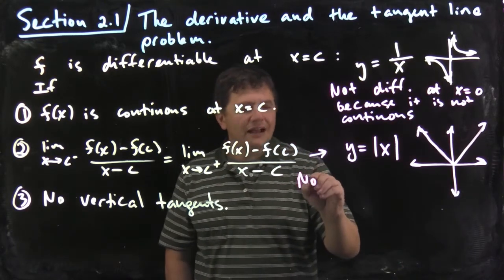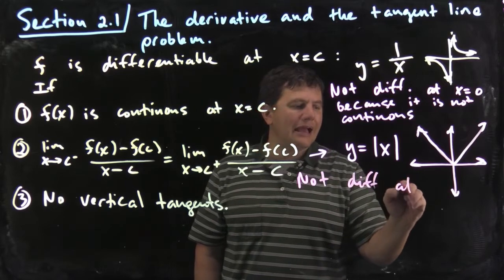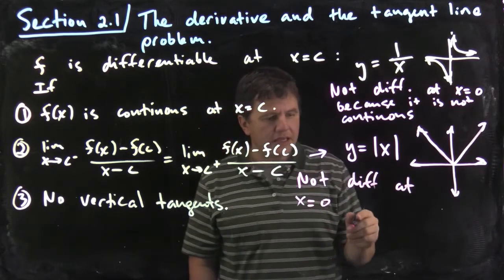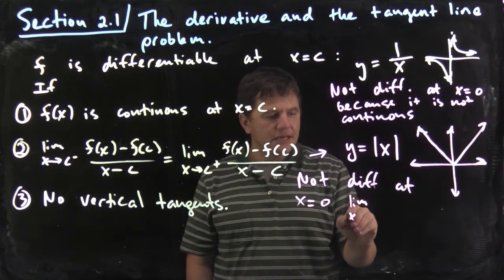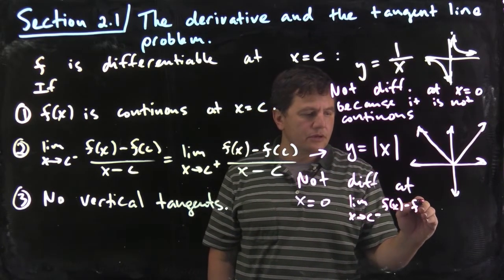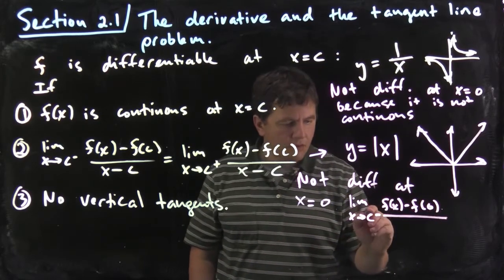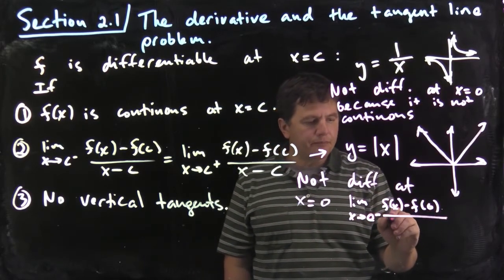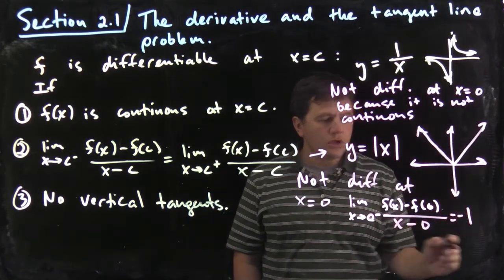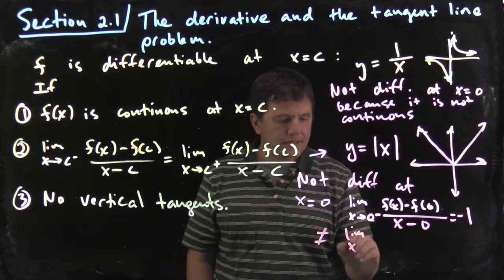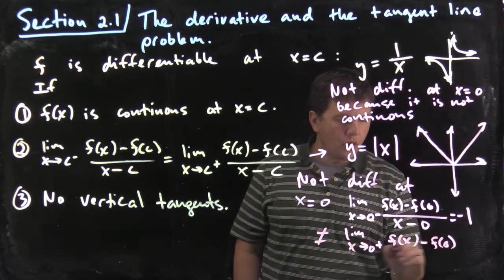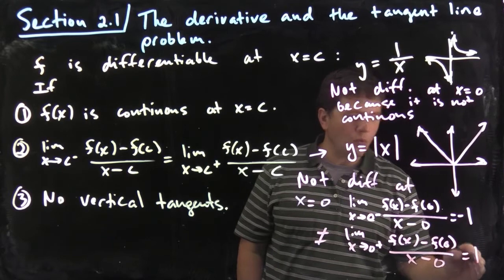So we would say this is not differentiable at x equals 0. And by the way, these both just happen to be at x equals 0. They could really be anything. Because the limit, as x approaches 0 from the left, of f of x minus f of 0 over x minus 0, our slope from the left is -1, which does not equal the limit as x approaches 0 from the right of f of x minus f of 0 over x minus 0, which is equal to 1.